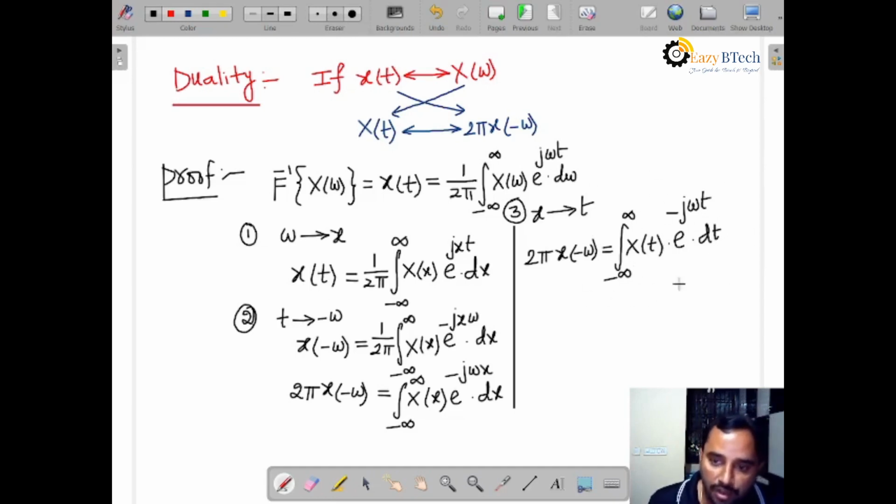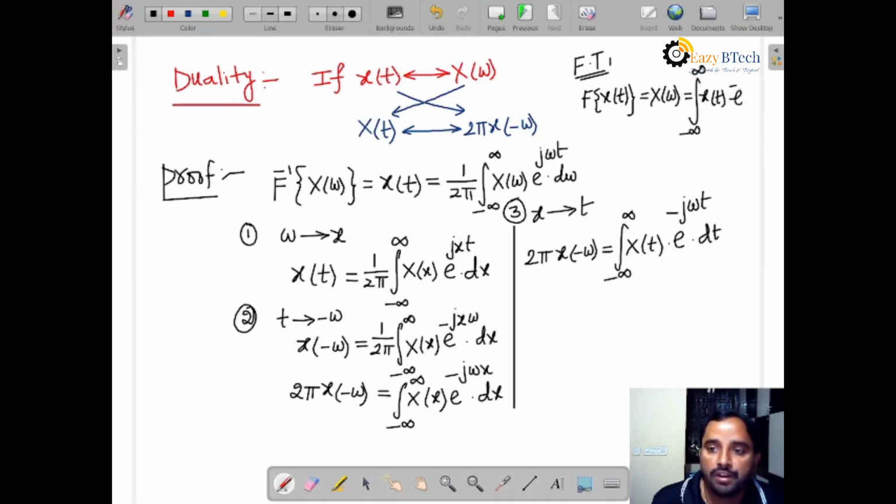So now if you observe the right hand side integral, it is like our Fourier transform formula. What is the Fourier transform formula? Fourier transform of x of t is equal to X of omega is equal to integral minus infinity to plus infinity x of t e power minus j omega t dt, right?